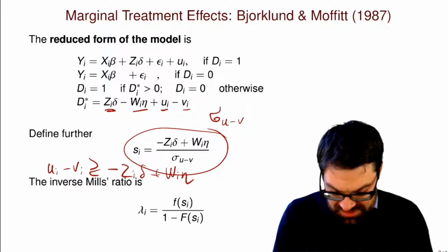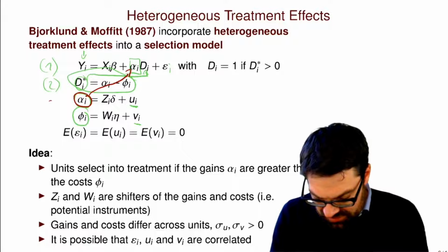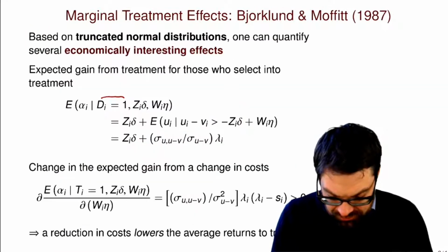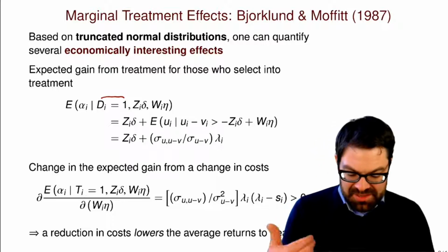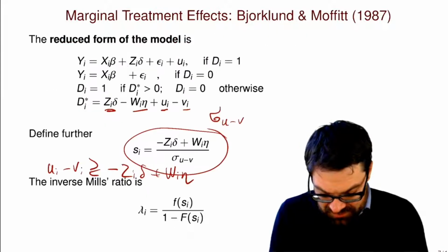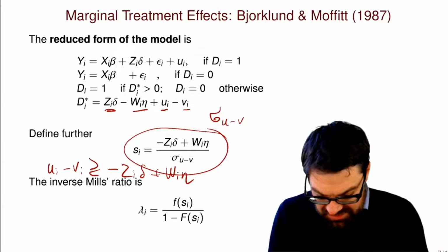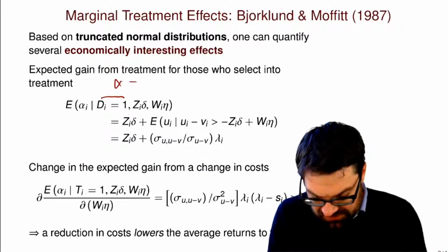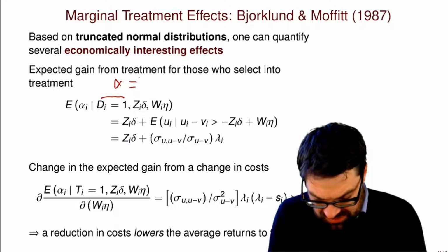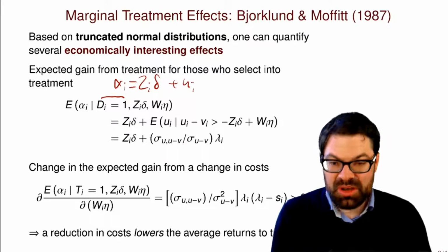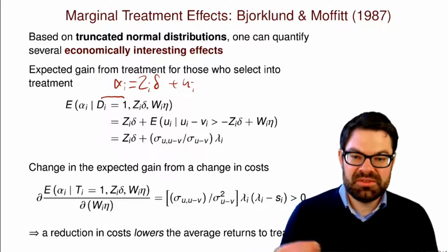So what we do here is take equation 3 and simply take the expectation of that. Equation 3, let me see what it was. It's alpha equals Zi delta plus U. And so now I want to know what that is in expectation among those people who select into the treatment.